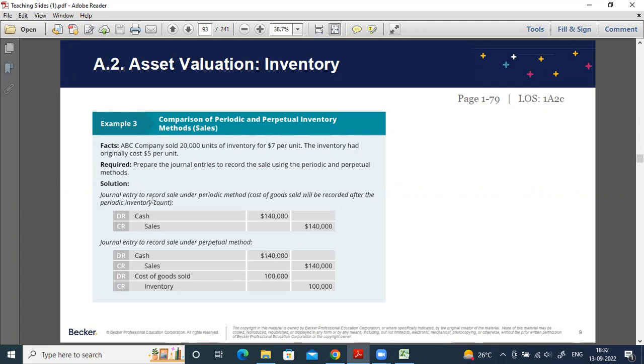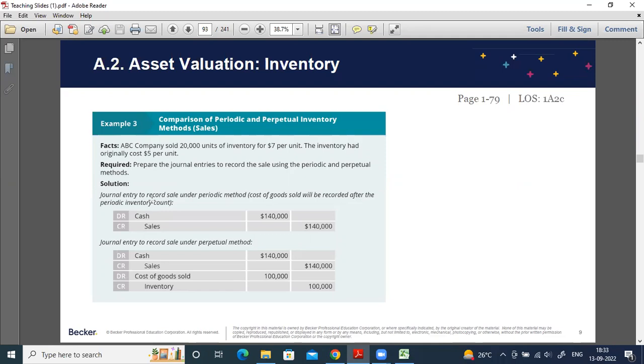So the entry for sale will be 1,40,000, that is cash to sales. The entry for sales would be cash to sales. Because the journal entry to record sale under the periodic method, here the cost of goods sold will be recorded after the periodic inventory count. So after this periodic inventory count, we always go with the cost of goods sold computation. So the journal entry as per periodical method would be cash to sales.